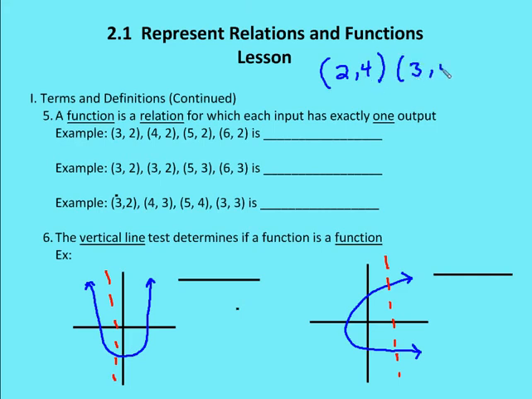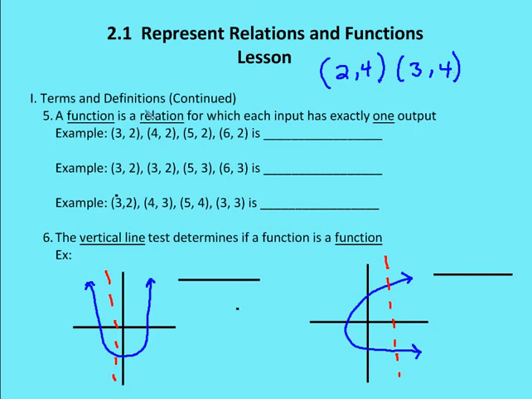I put in 3, I get out 4. Is this a function? It is, because I have exactly one unique output, which is 4, even though it's the same for the different inputs. Okay, so if there's the same y for different x's, then it's a function. But if it's different y's for the same x, then it is not a function.